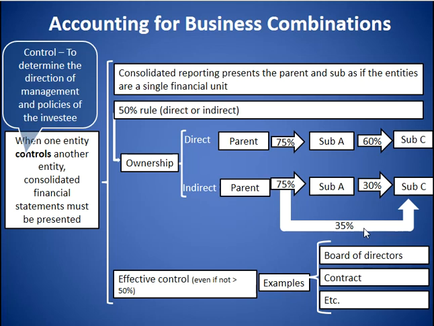Therefore, the total controlling interest over sub C would be 65%. And in this case, we would consolidate the parent, sub A, and also sub B.